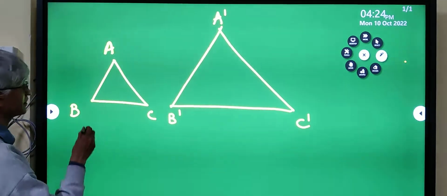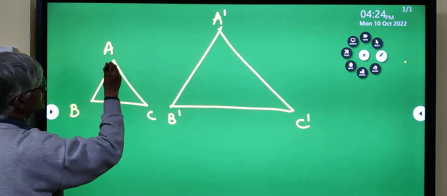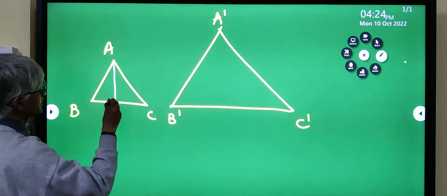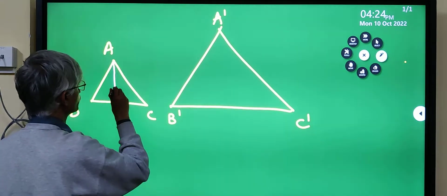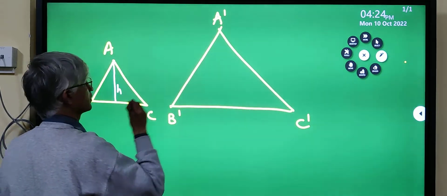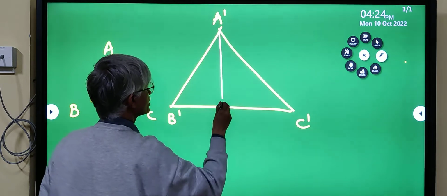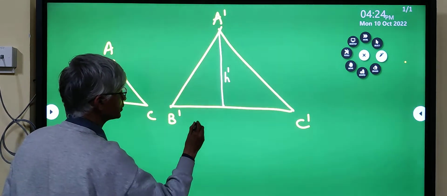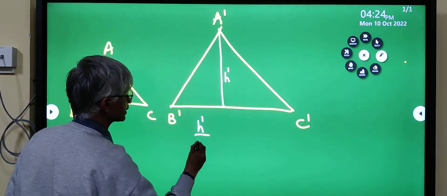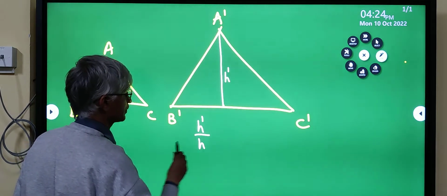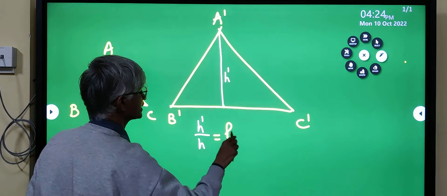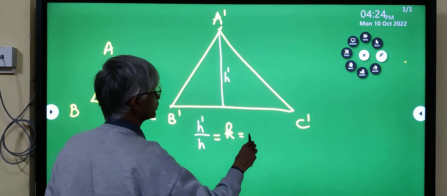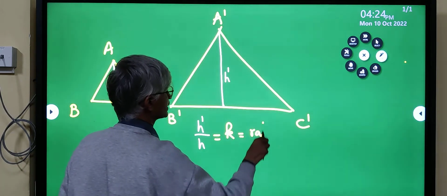So let's take an example. Let's say that this triangle has a height h, and suppose that this triangle has a height h dash, you can be sure that h dash over h will have the same ratio as k, which is the ratio of the sides.